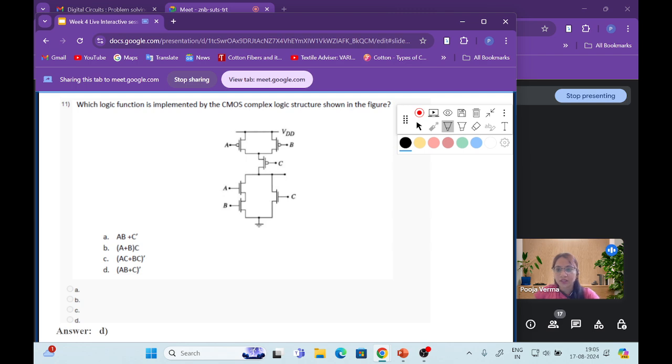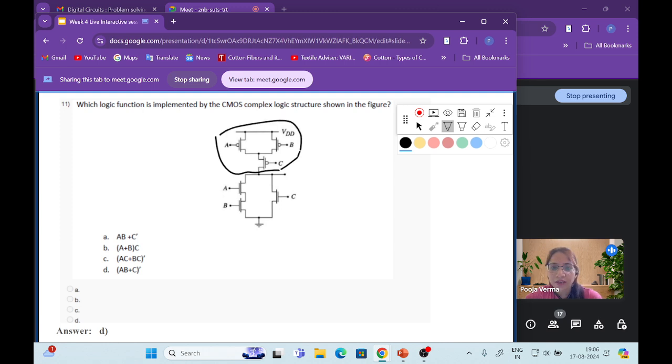So the next question is, which logic function is implemented by the CMOS complex logic structure shown in the figure? From the figure, it is a CMOS structure. The upper half is called the pull-up network, right?